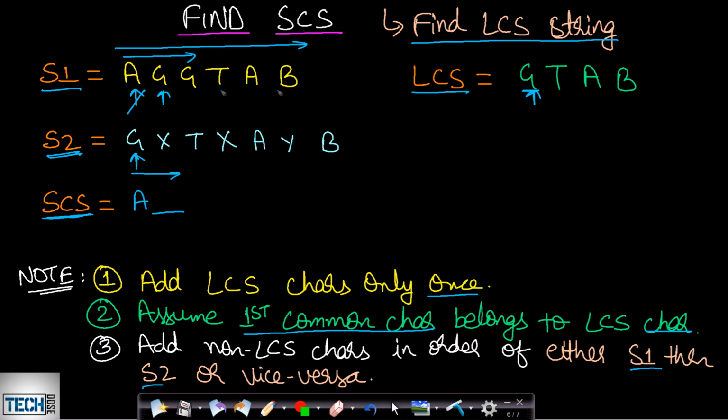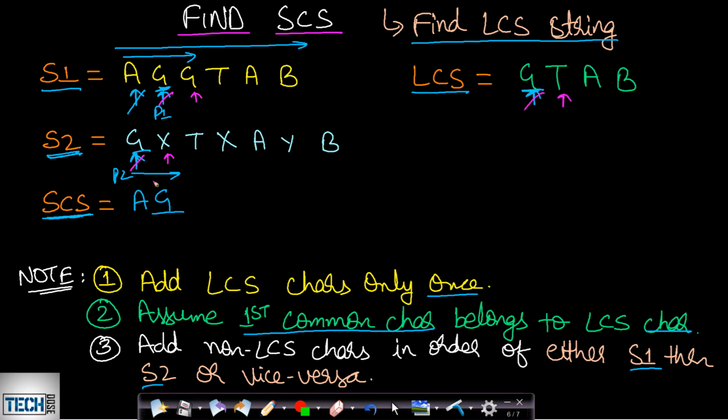Now this pointer P1 is pointing to G, this P2 is pointing to G, and our current LCS character is G. Therefore, since these are matching, we will just be including it only once, and once we have included it, we will increment our pointer values. So these both will be incremented and this one will also be incremented.